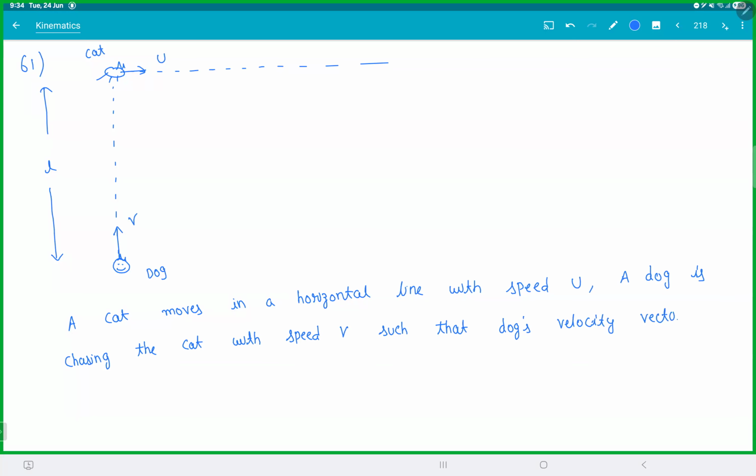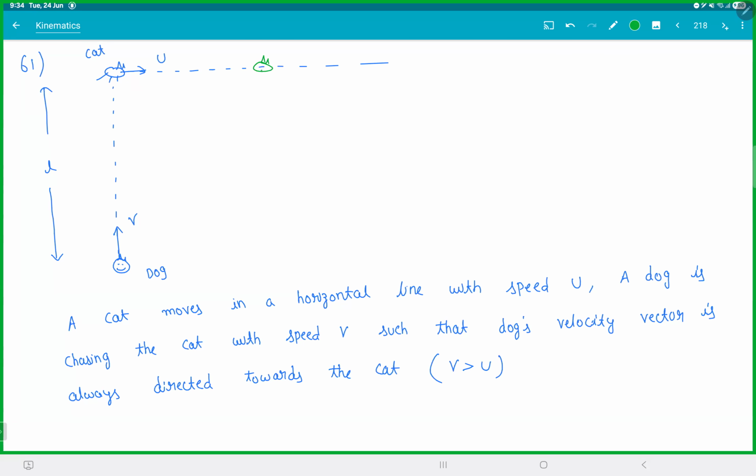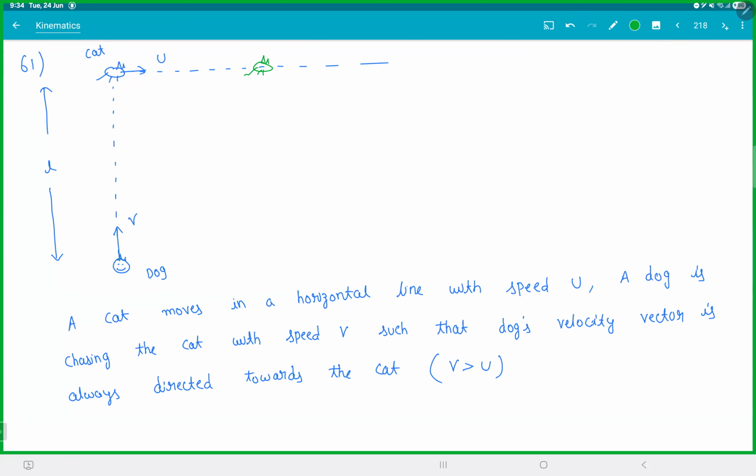Dog's velocity vector is always directed towards the cat. And v is greater than u. The speed of the dog is greater than u. Means this is what is happening. After some time, the cat will come here. So this dog is looking at this cat, so this thing will actually change direction. The dog is looking like this and it is running behind the cat.